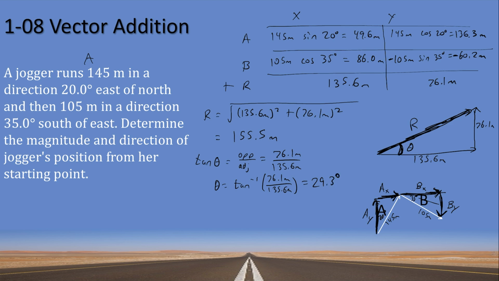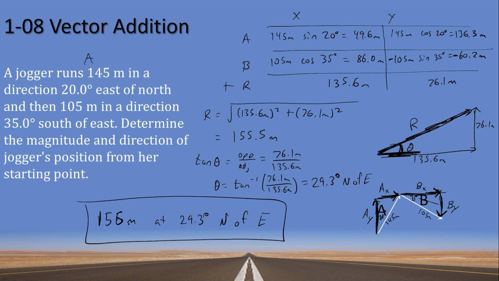But which way? Well, it's from the east, and we went up from there, north of there, so it was north of east. Started at the east and went north. So it looks like my final answer is that this jogger is 155 or 156 meters at 29.3 degrees north of east from her starting position.